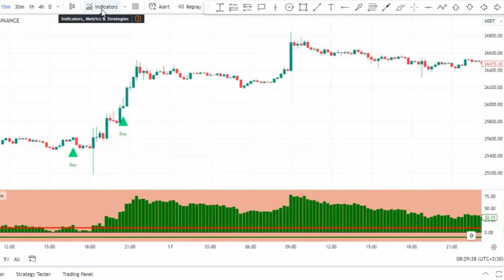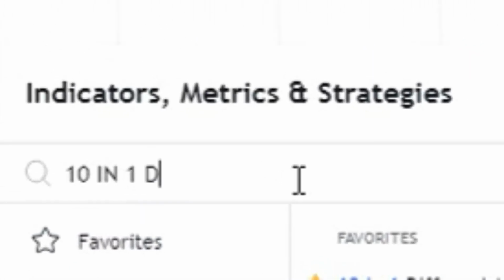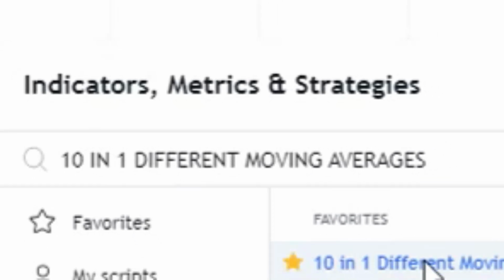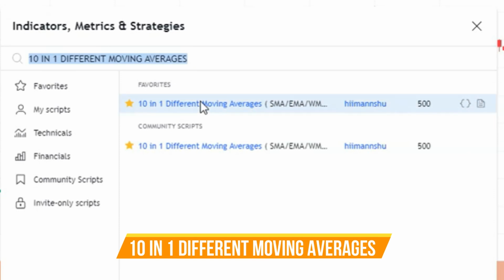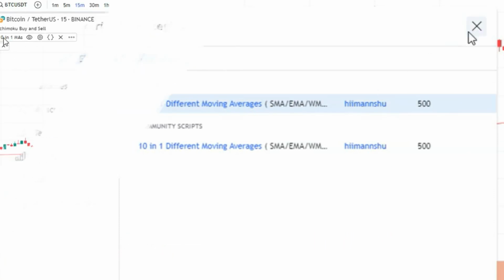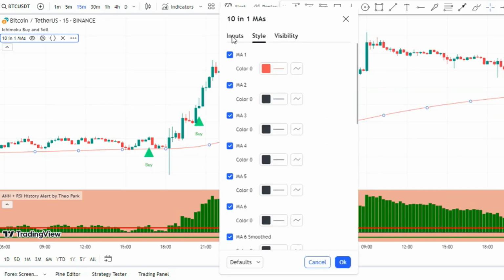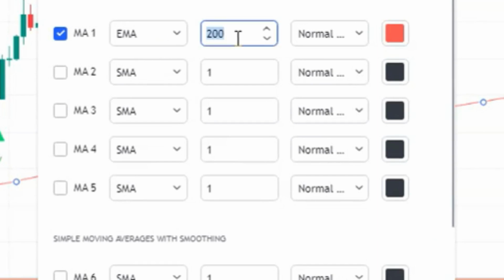And now to get a clear read on the market trend, we'll use 3 moving averages. So head over to the indicator section, search for the 10 and 1 different moving averages, and add that indicator to the strategy. Next, go to the indicator settings and Inputs tab. We'll do the following. Set MA1 to EMA with a period of 10.